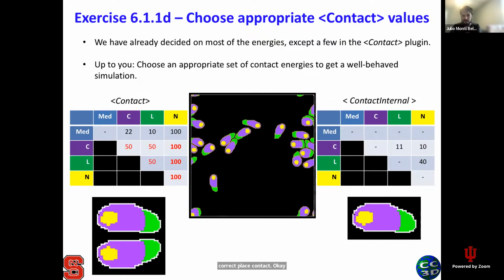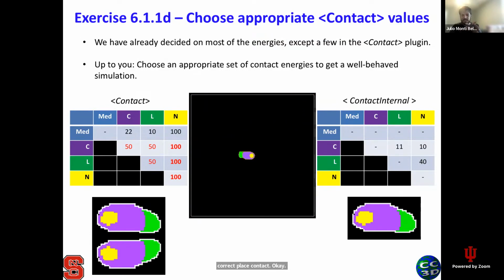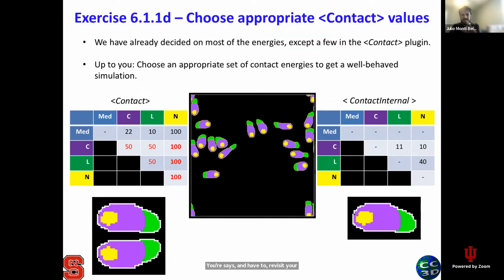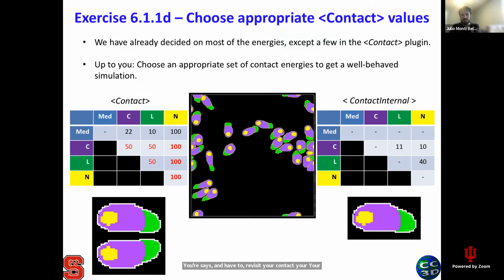Make sure you save the simulation before you play it. Your cell splits and has the nucleus behind. Oh, revisit your contact energies to make sure that everything is in place.